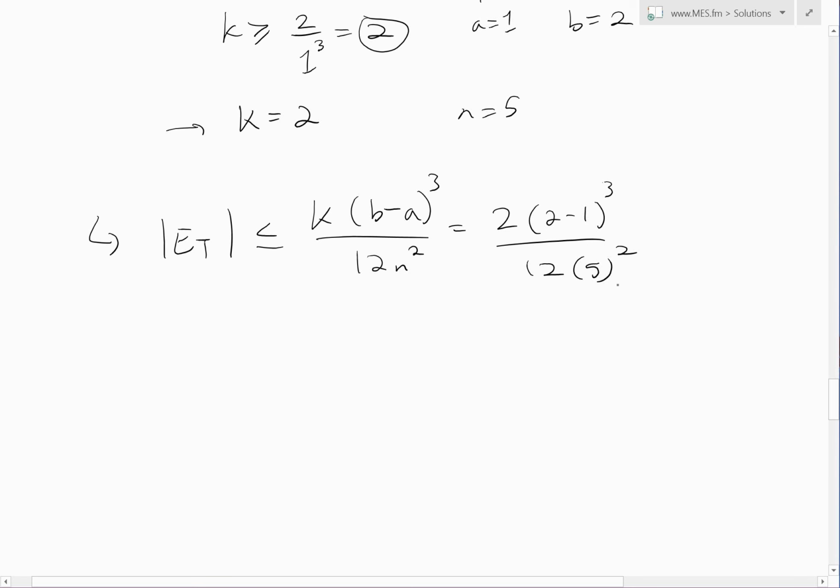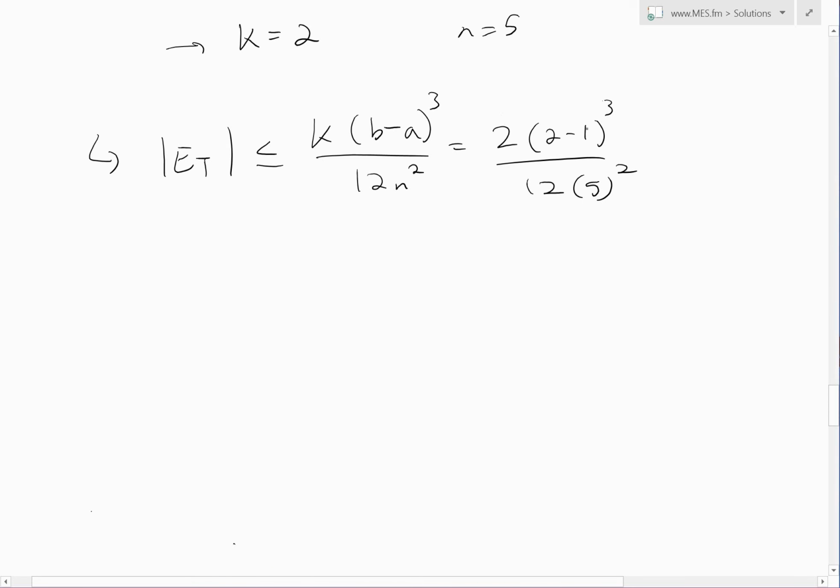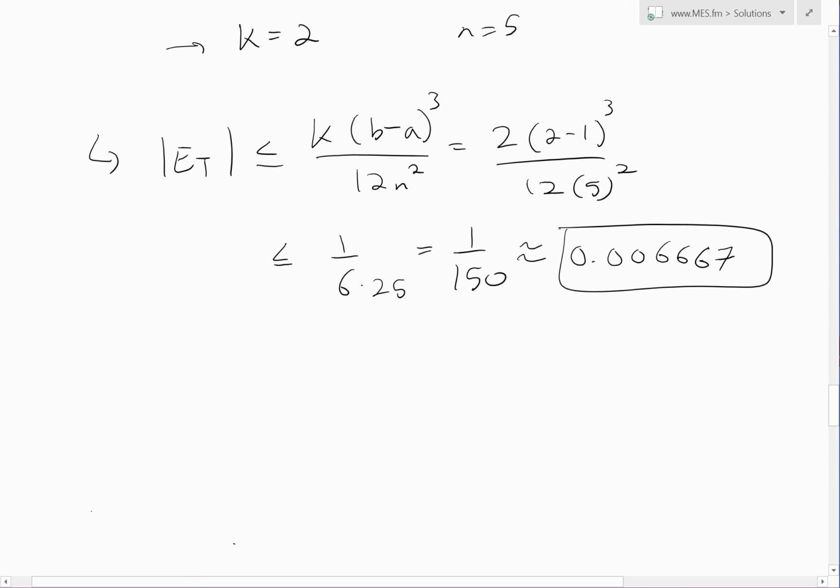So this is 2 over 12 times 25, which equals 1 over 150. Plugging this into the calculator, it's roughly equal to 0.00666, which keeps going on and on, so let's put a 7 to round up. So that is our error estimate.